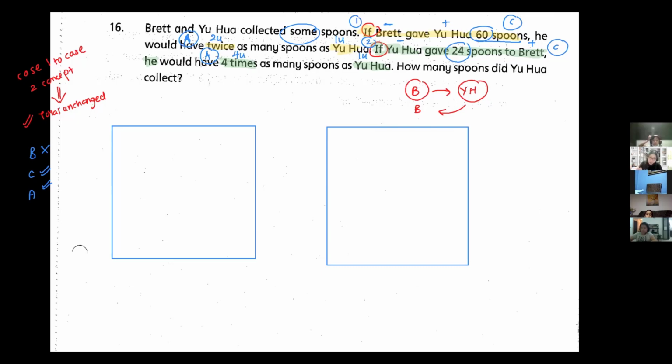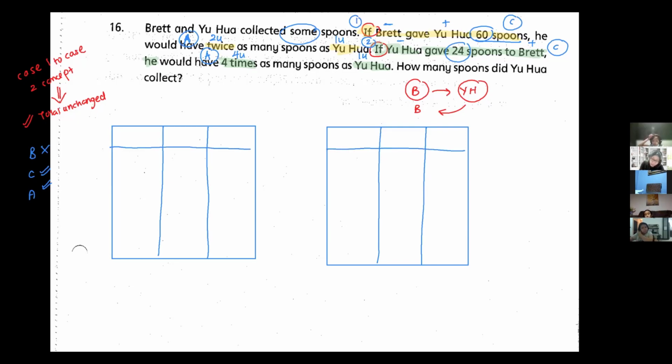Then we draw out the columns: Brett, Yuhua, total. Here we have Brett, here is Yuhua, here is total. This is the box for the number 1 if, and this is for the number 2 if.